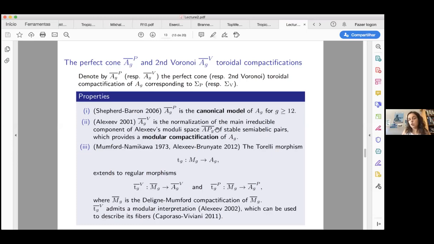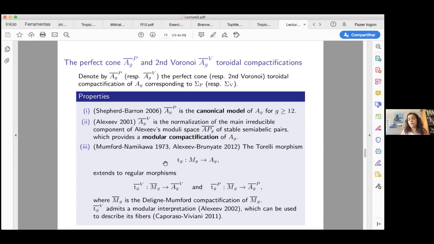And this compactification has several irreducible components, but the main irreducible component, which is the one which contains Ag in its interior, might not be normal, but its normalization is the second Voronoi compactification of Ag. So the compactification of Ag associated to the decomposition of omega g rational that we just saw. So due to the second Voronoi.